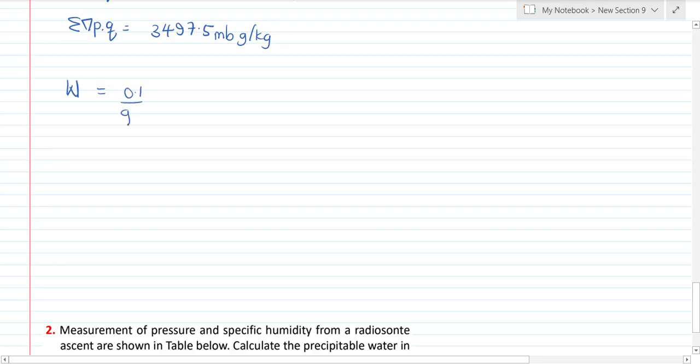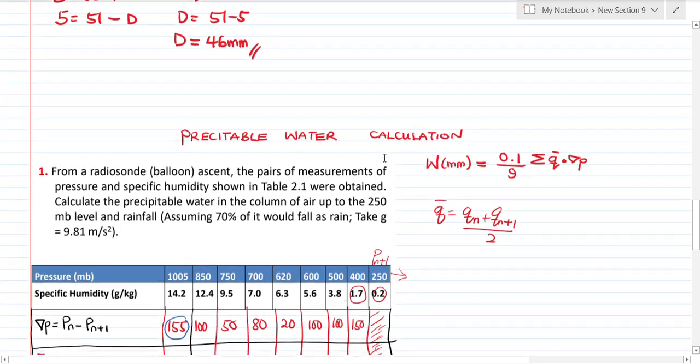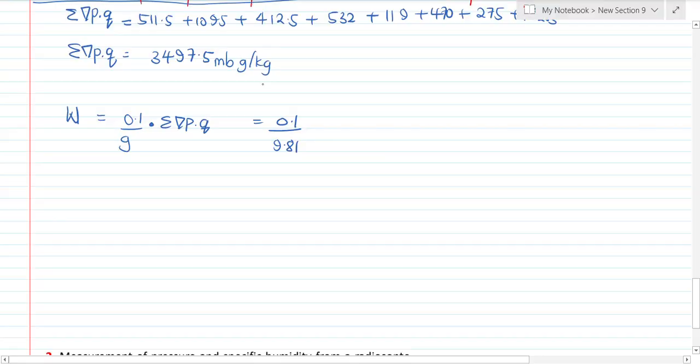So the precipitable water, we said it is equal to 0.1 over g multiplying the sum of this whole thing, right? And so 0.1, g was 9.81, that's given in the question, 9.81 times 3497.5.